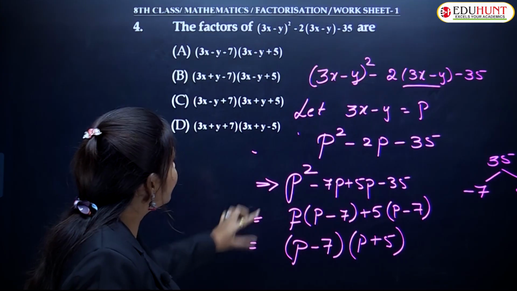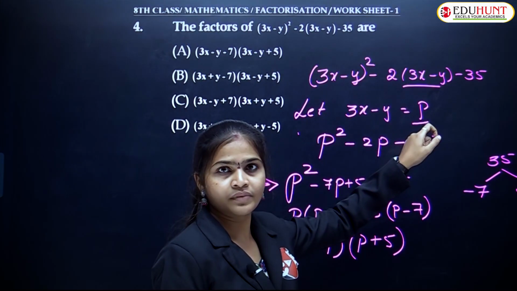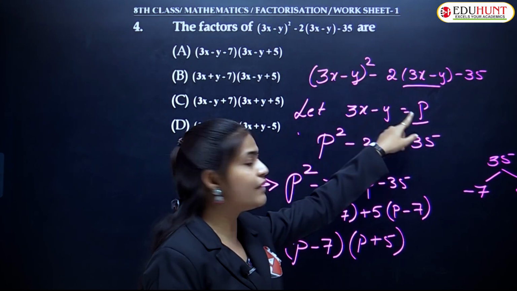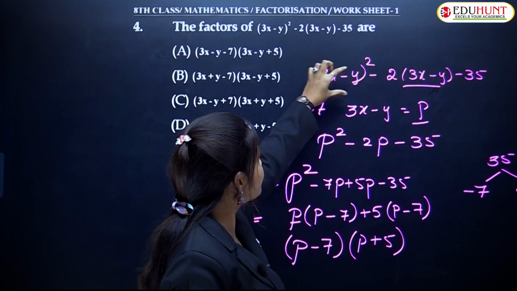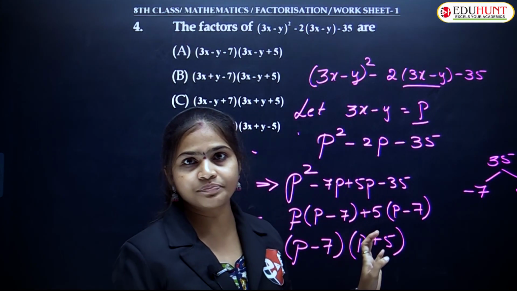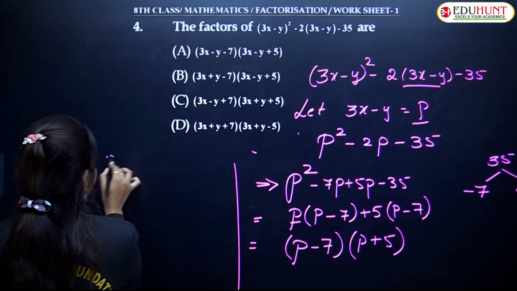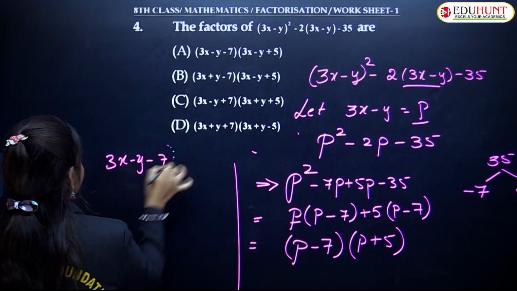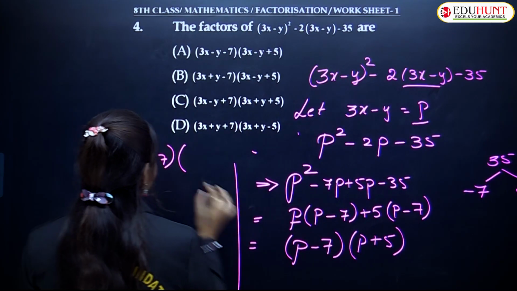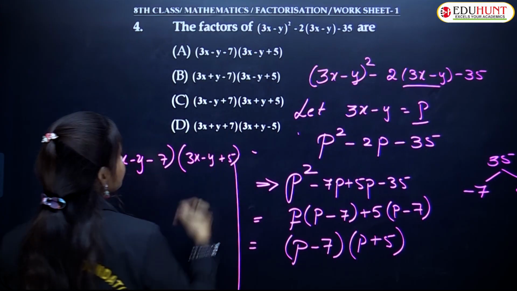But children, instead of 3x minus y we took p. Just to substitute in the place of 3x minus y, substitute p here. From this one we can write, p is equal to 3x minus y, so 3x minus y minus 7 into 3x minus y plus 5.